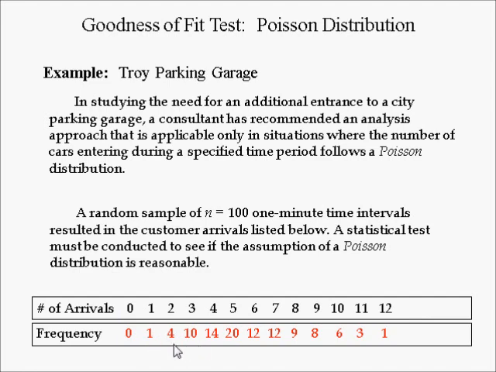And then we want to count up the number of times 2 cars showed up in the 1-minute interval, and that happened 4 times. 3 cars showing up in 1-minute intervals happened 10 times. 4 cars showing up in 1-minute intervals happened 14 times, etc. Now this right here adds up to 100.